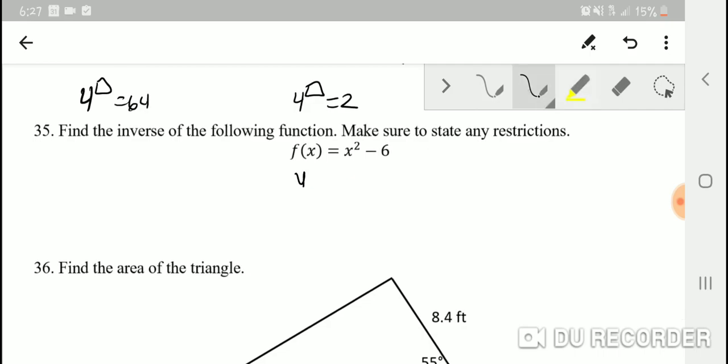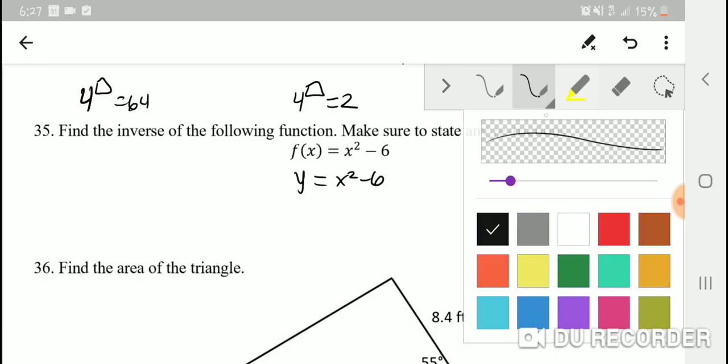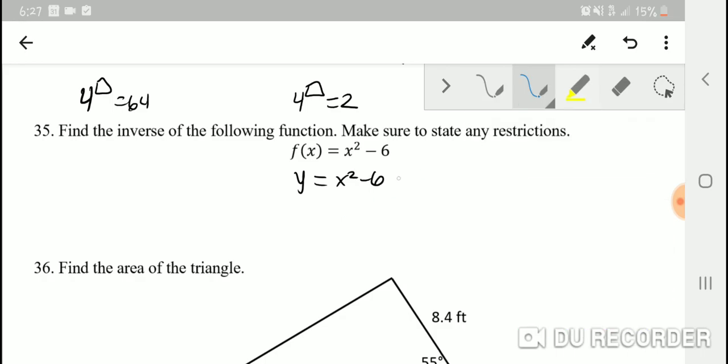Okay, so we have y is equal to x squared minus 6. Remember, when we are doing inverses, we are switching inputs and outputs. So if I switch my inputs and my outputs, I get this equation, and I just need to solve this equation for y in order to create the inverse function. So if I'm solving for y, my first step is to add 6 to both sides, and then I want to take the square root.